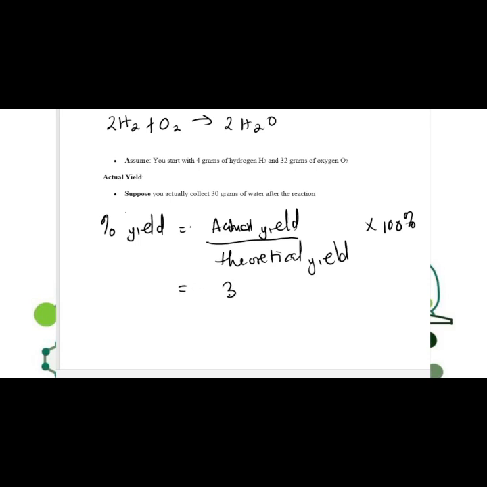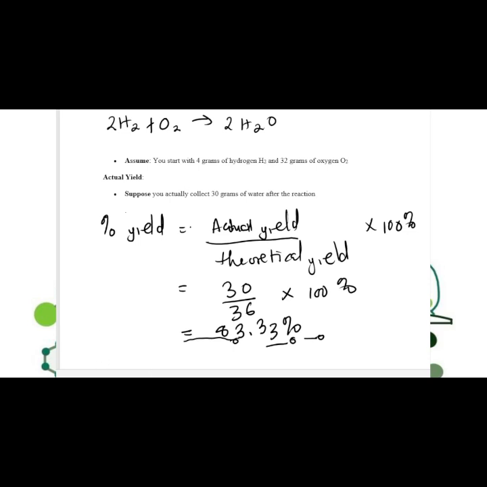So that's 30 all over 36 by 100%. Let me just calculate this. We're gonna get 83.33%. Okay, so that's our answer, 83.33%.